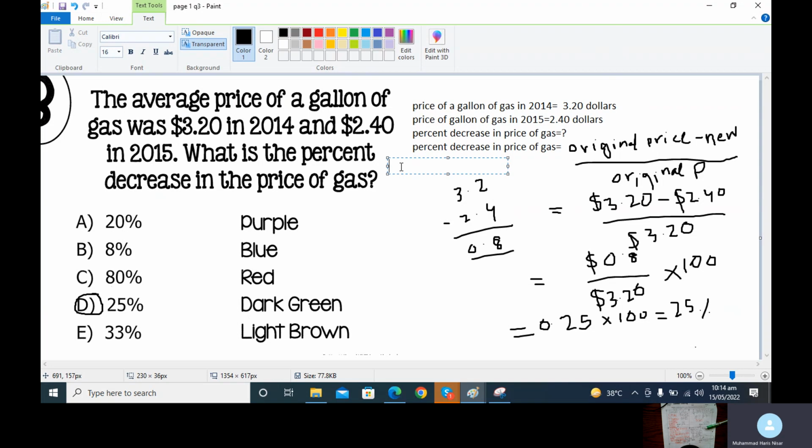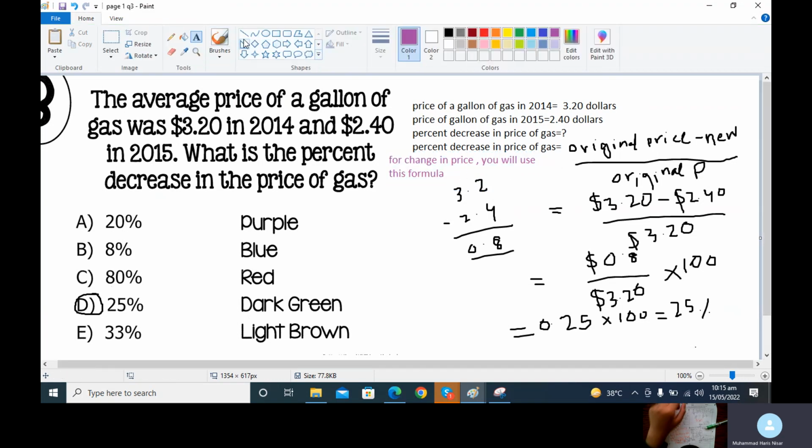For price change we will use this formula: original price minus new price over original price. It just mentions what the percent decrease in the price is.